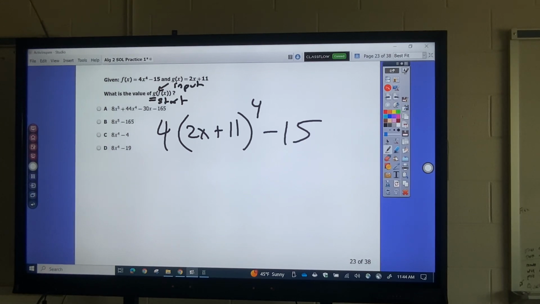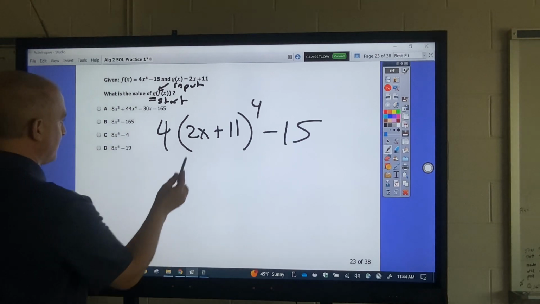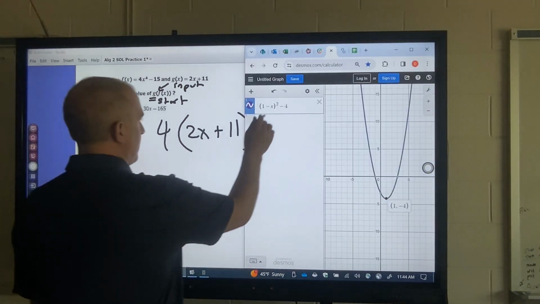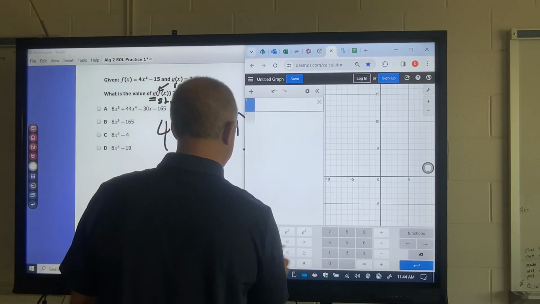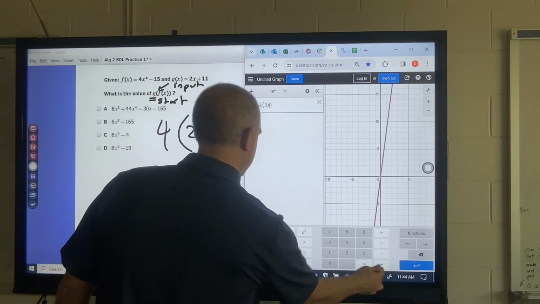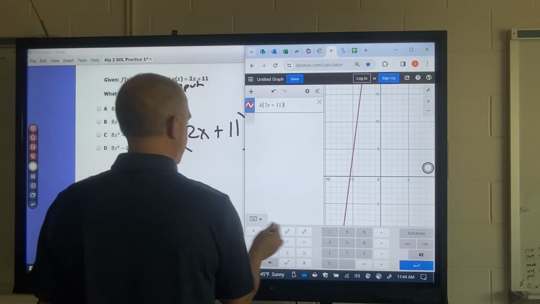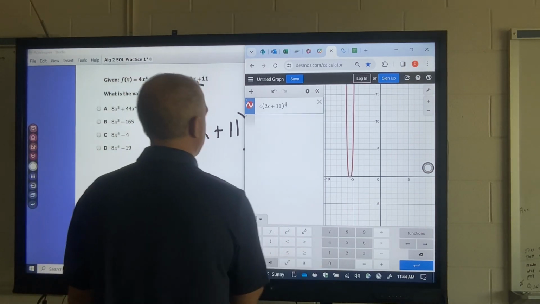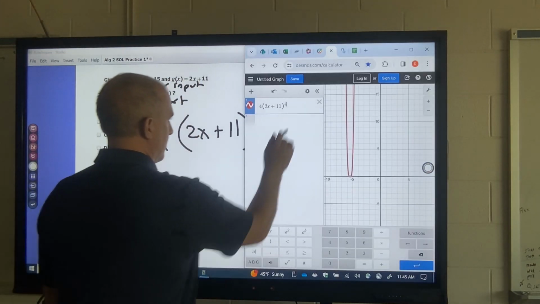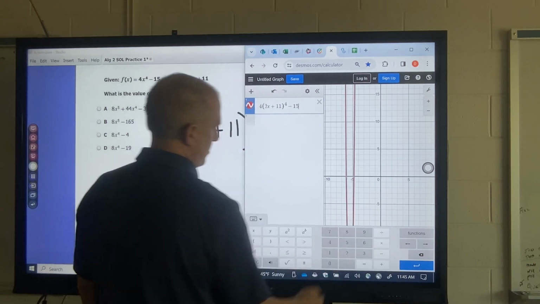Now, you could do a couple of options. You could do graph comparison, and what I mean by that is that would be (2x plus 11) to the 4th power minus 15. This is one way to do it.